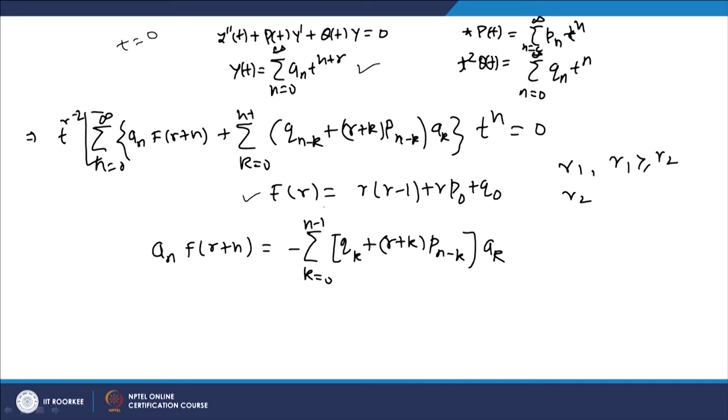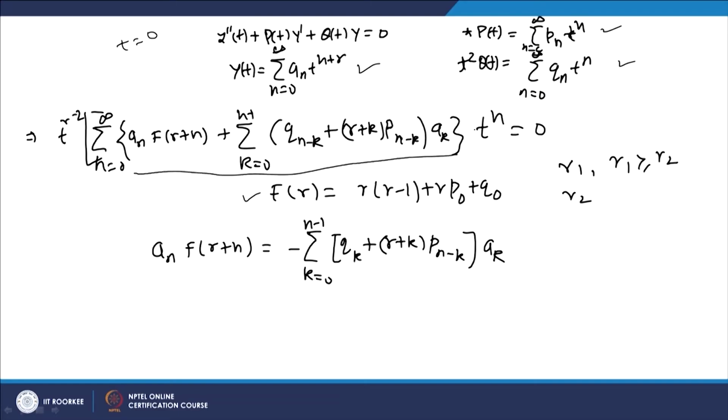f of r is a quadratic equation in terms of r, given as r into r minus 1 plus r p naught plus q naught, where p naught and q naught are the coefficients here. Using this expression we have the following term, and this is the coefficient of t to the power n.